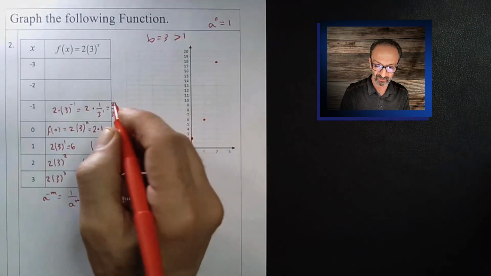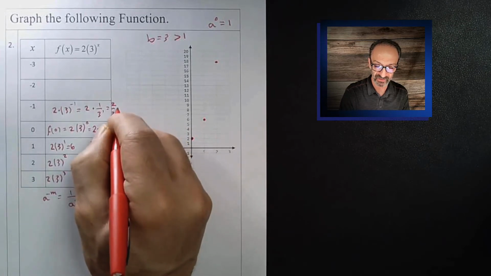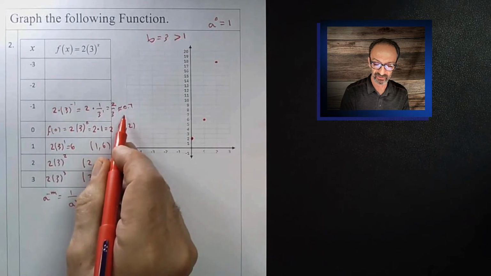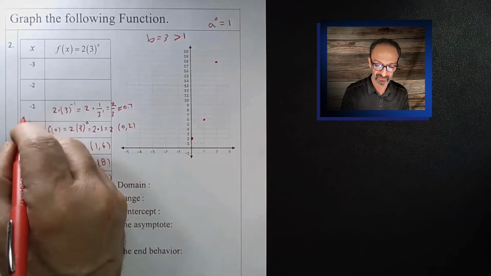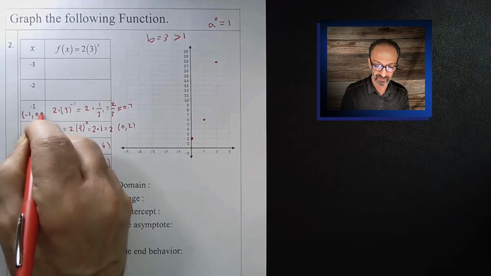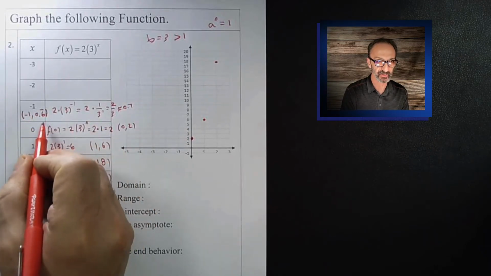So about 0.6 repeating, or about 0.7. So negative 1 will give me 0.7. Let me write it right here. Negative 1, to be accurate, it's 0.6 repeating.